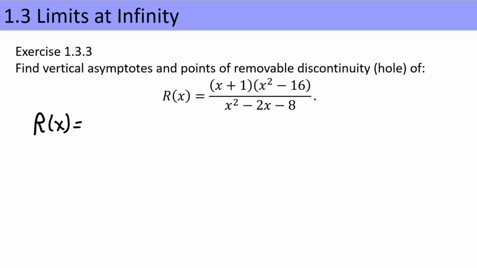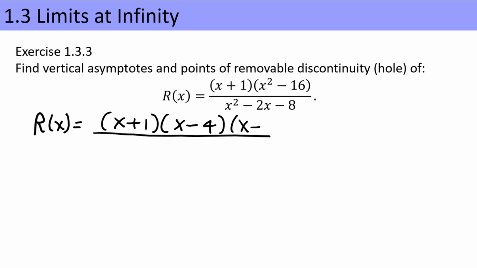For the numerator, x plus 1 is a linear factor. X squared minus 16 is a difference of squares, which can be factored to x minus 4 times x plus 4. And the denominator, the quadratic x squared minus 2x minus 8, can be factored into two linear factors: x minus 4 times x plus 2.